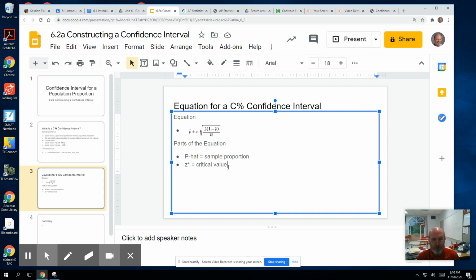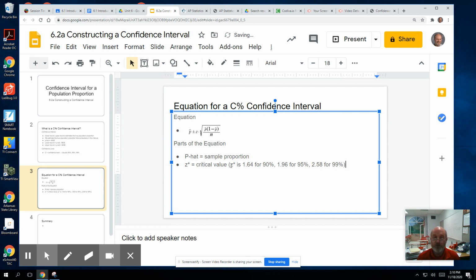Now, I told you we usually do 90%, 99%, or 95%. So z star for a 90% confidence interval is, and these certain values we really should have memorized, because they're going to be very common. 1.64 for a 90% confidence interval, 1.96 for a 95% confidence interval, and 2.58 for a 99% confidence interval.